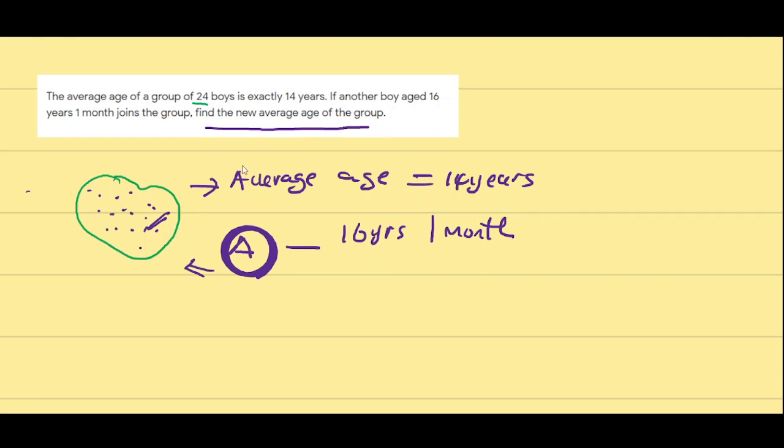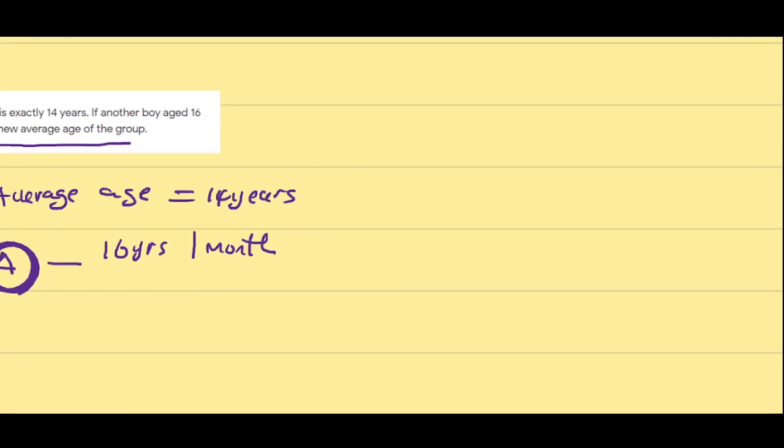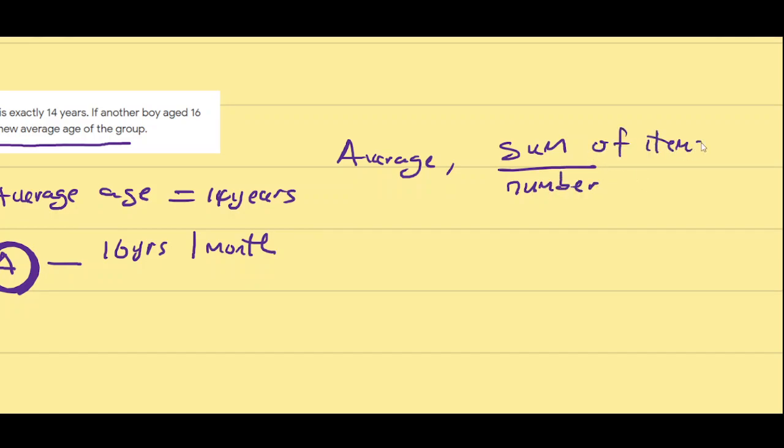Now, but what really is average age? When we find the average of something, we take the sum of the items, all divided by the number of items. Let me show you what I mean. Suppose that in this box here we have 5, 7 and 3. What is the average number in this box?